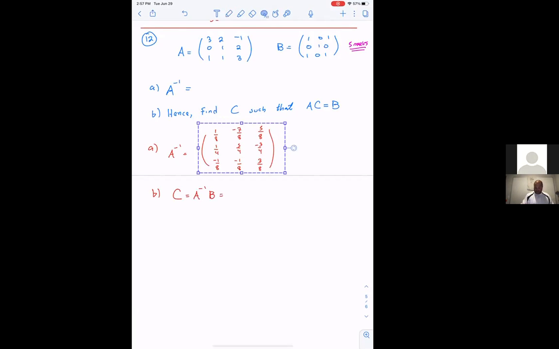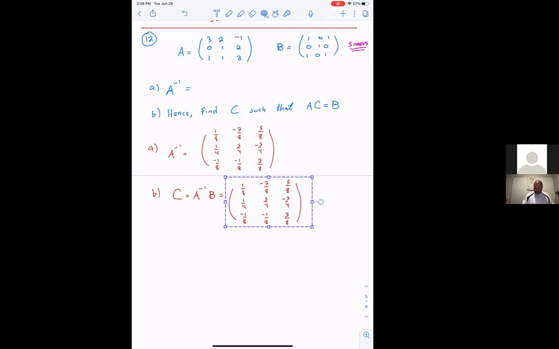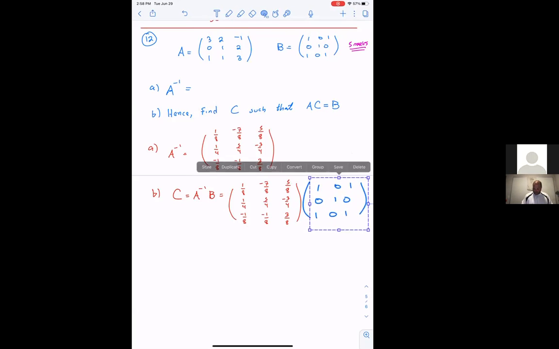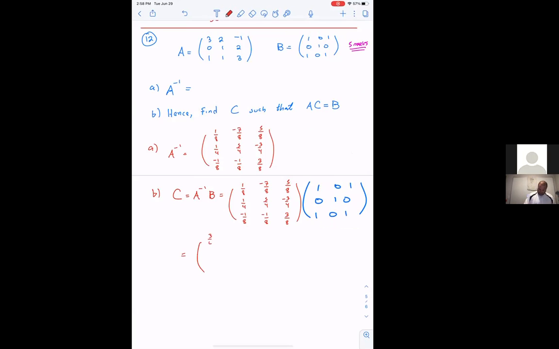So let's take this matrix and duplicate it. That's my A inverse. And then let's take this matrix here and duplicate it, times that. Let's make this bigger. Okay, so what do we get? What is C? 1/8 plus 5/8 is 6/8, that's 3/4. Next one is -7/8. All these ones make this kind of easy.